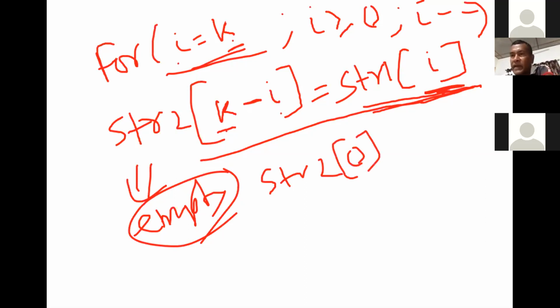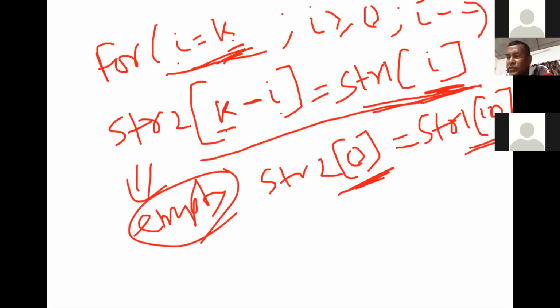Okay. Equal to str1 I. What is I? 10. It's clear? Means the first position of the second string is equal to the last position of the first string.